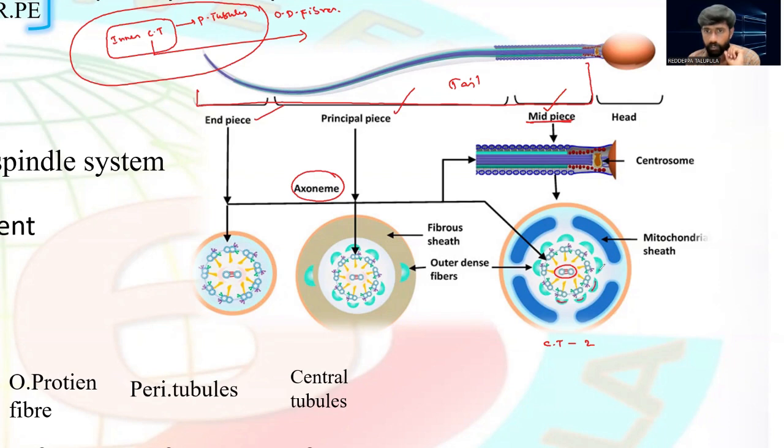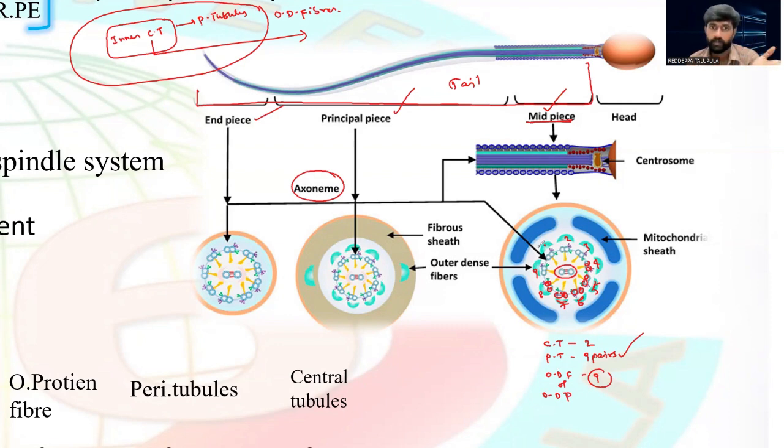Next, these are the peripheral tubules. That means doublets. How many peripheral tubules? 9 pairs. Surrounding that, there is 1, 2, 3, 4, 5, 6, 7, 8, 9 ODF. That means outer dense fibers or proteins. It is 9 in number.